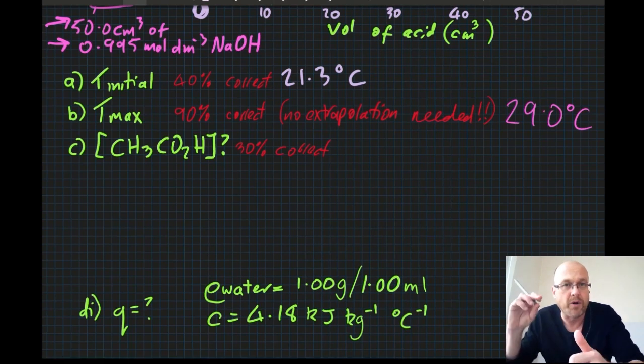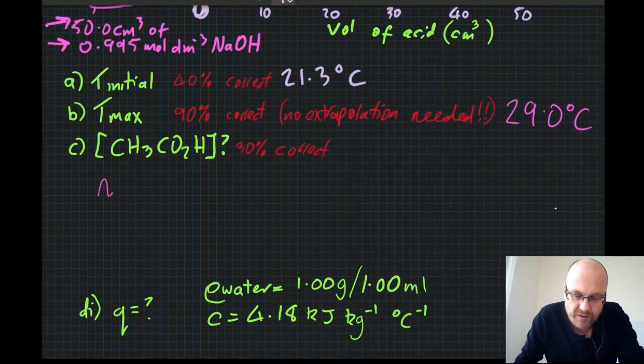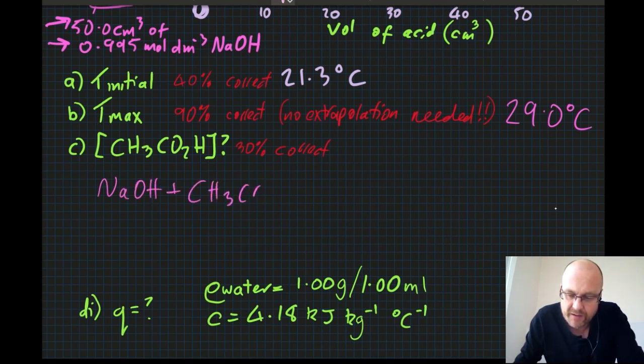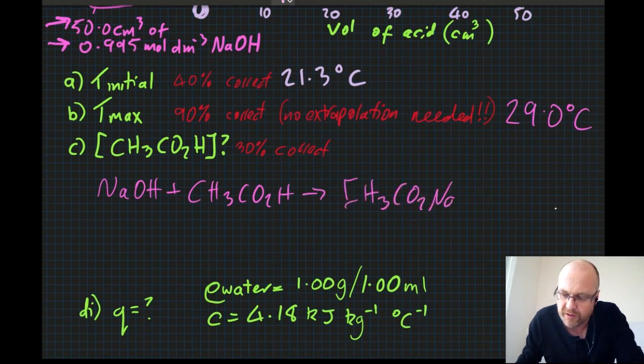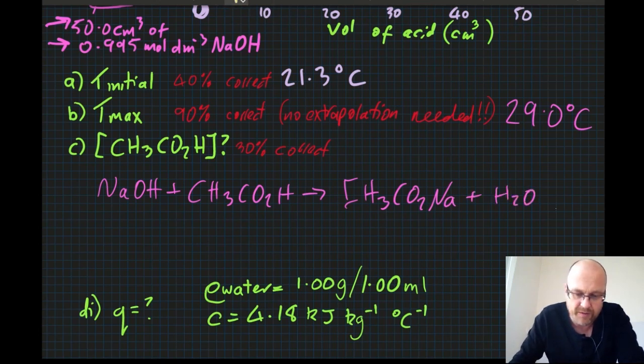So now I need to work out the moles of acid. And how am I going to do that? Well, a little bit of stoichiometry. Sodium hydroxide plus the ethanoic acid goes to sodium ethanoate and water. So there's a 1-to-1 ratio between the sodium hydroxide and the ethanoic acid.